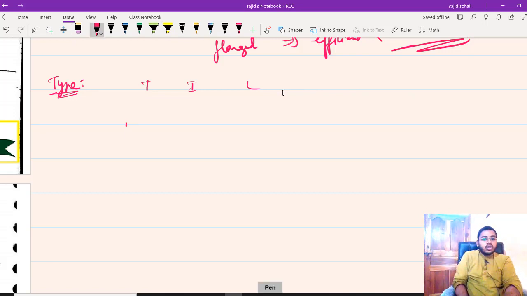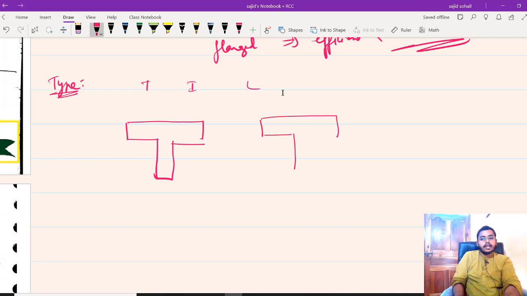Obviously it is called a T section because it resembles the letter T, so it should be something like this. And the I section, obviously you know, should be looking something like this. And then we have our L section, it should be looking something like this.